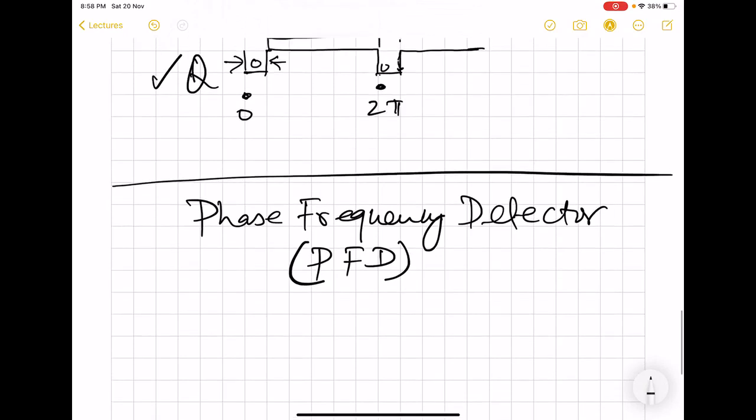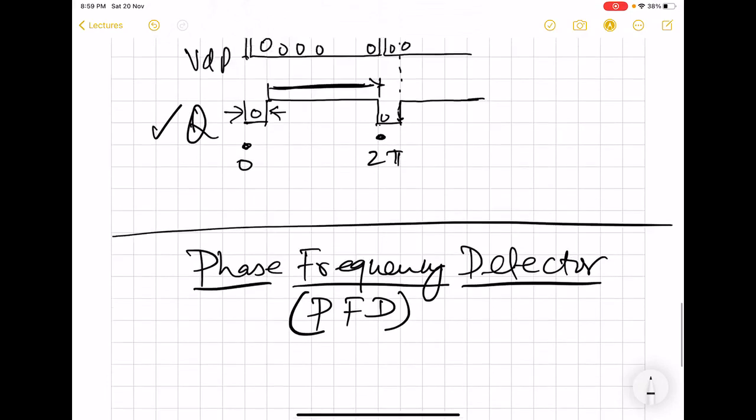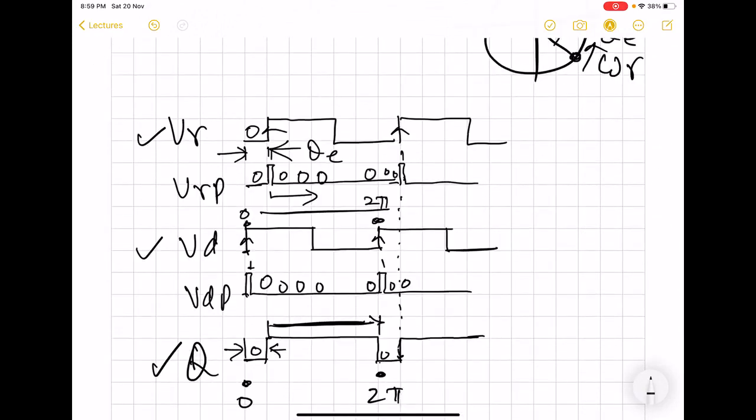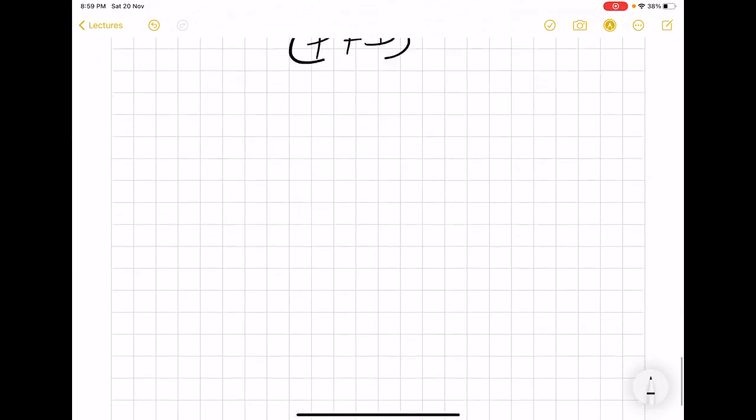So here we see that we not only have phase detection capability in this circuit, but as the name suggests, it is capable of detecting the frequency difference also between the two input signals. For the SR case, we considered only the phase difference between the two signals.